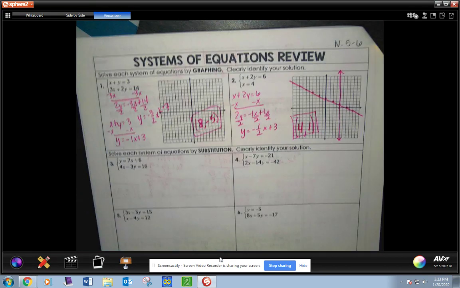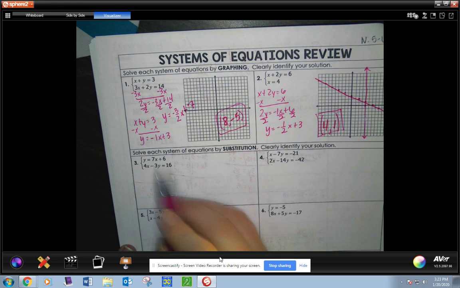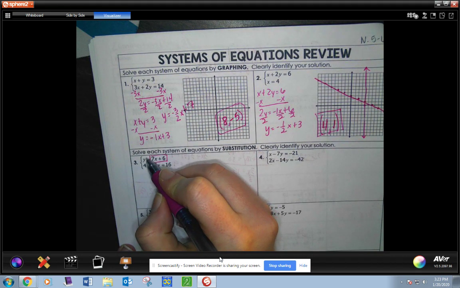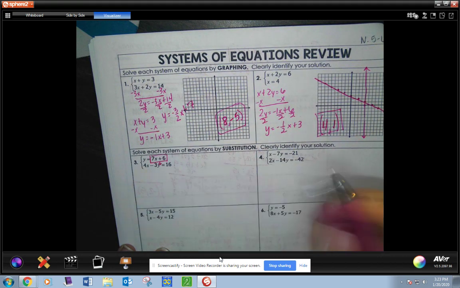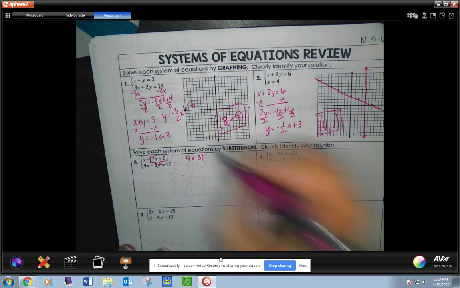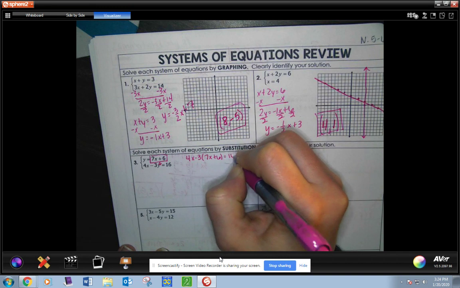Okay, now for the next 3 methods, this is by substitution. For substitution, you're going to take a letter by itself, which y is by itself. I'm going to box what it equals, and I plug it into the outside letter in the other equation. So this is going to become 4x minus 3, but instead of y, we do the box, which is 7x plus 6, and it equals 16.